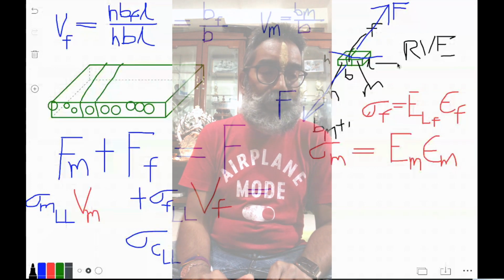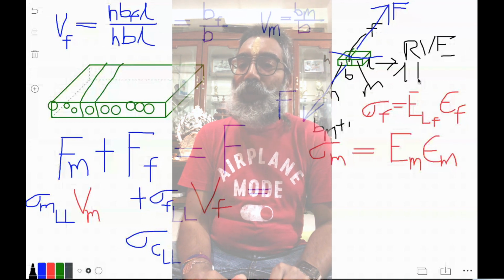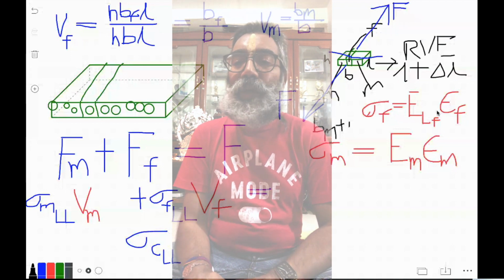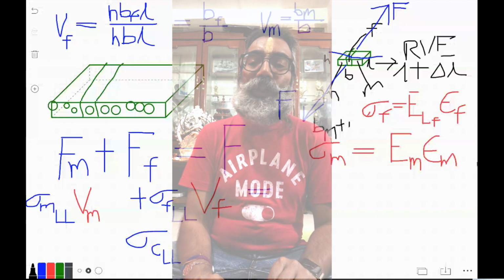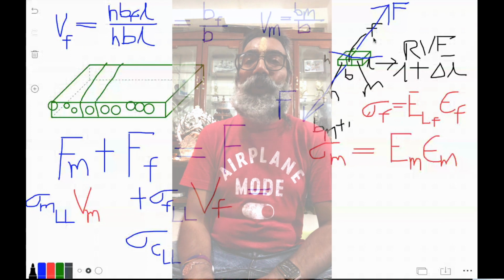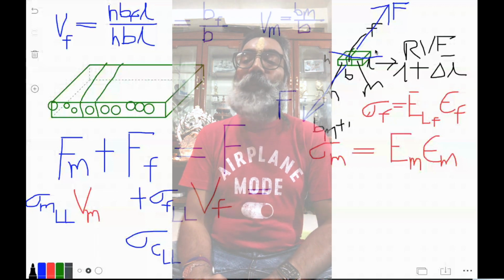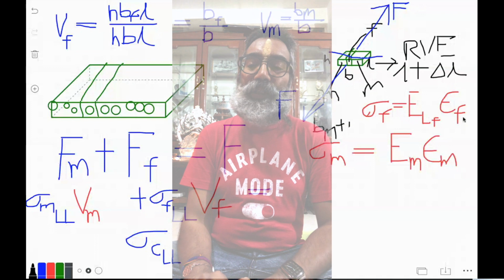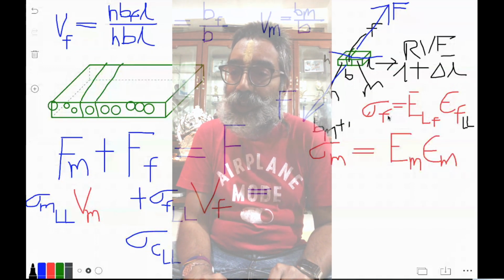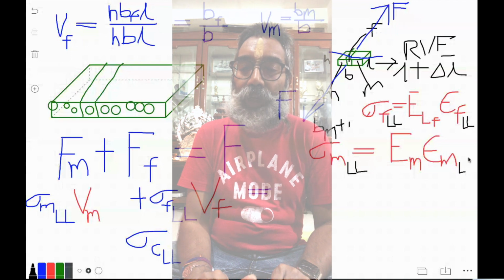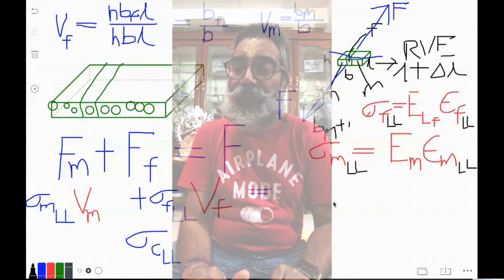So now this L has changed to L plus delta L, and that delta L can now be related to the strains that you have in the fiber and the matrix as just delta L divided by L. Whether it is the fiber, whether it's the matrix, or the fictitious composite material which is equivalently homogenized, all of them have an extension delta L and original length of L, and so very easy to see that the strains, whether it is epsilon f, which is again of course in the LL direction, it's important to mention that the stresses as well as the strains that we are talking about are all in the LL direction.